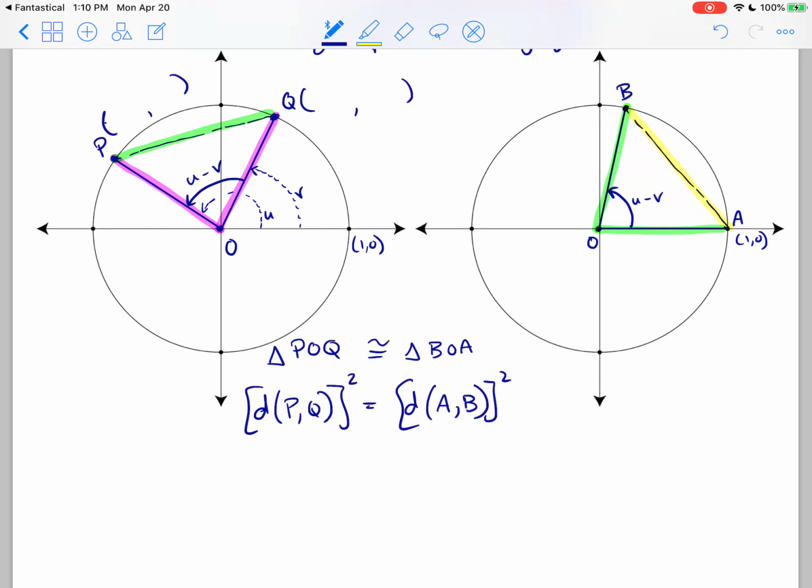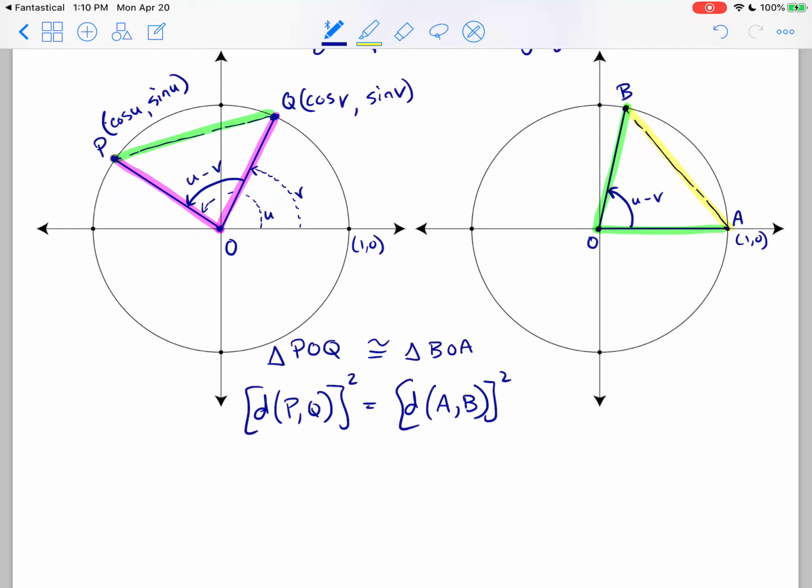So the x value for P, I don't know it, but I can find it based on the angle U. So P, the x coordinate is cosine of U, and the y coordinate is sine of U. By definition, that is the coordinate of point P. And the coordinate of point Q is cosine of V, sine of V. Okay?